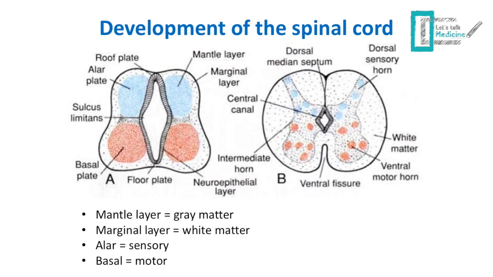Basically, the neural tube is lined with epithelial cells. Those epithelial cells are what we call the neuroepithelial layer here in the middle, as you can see. They're also called neuroblasts. Now, what are the neuroblasts? The neuroblasts are cells capable of dividing more and more, giving us more cells outwards or more neurons.